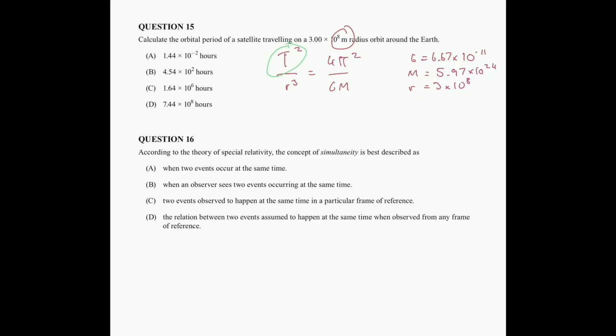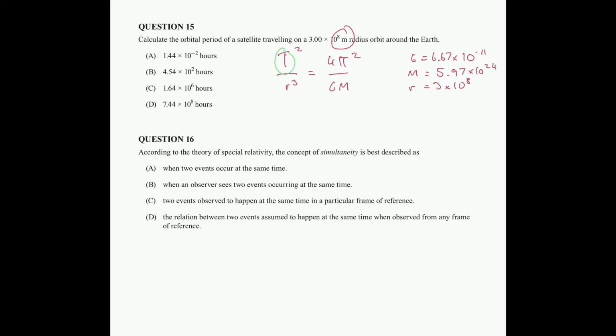Some students like to go about these questions in different ways: substitute all those values into the equation and then rearrange and solve. My approach is to rearrange the formula to the term that you're trying to solve for. So we're trying to solve for T by itself.